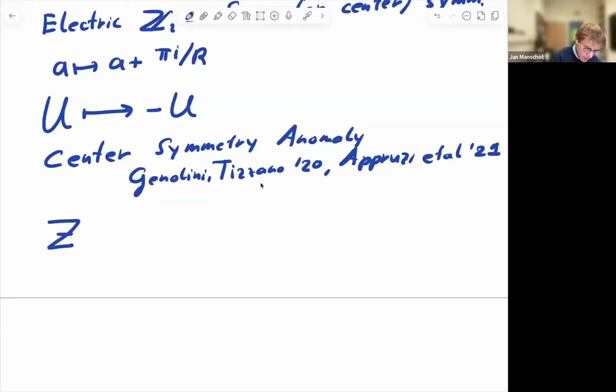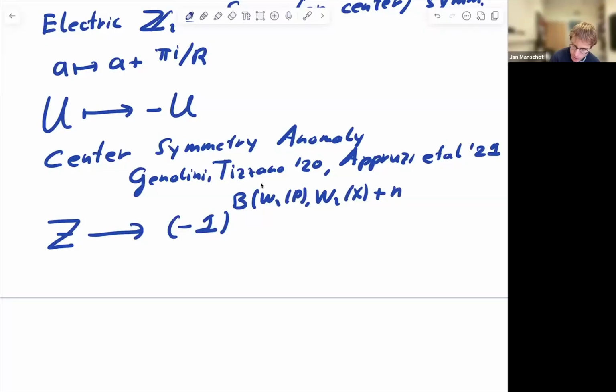So the path integral Z changes precisely by this phase, this pairing of w2(P) and w2(S) plus N_i times Z. Okay, so we can evaluate this with the path integral.